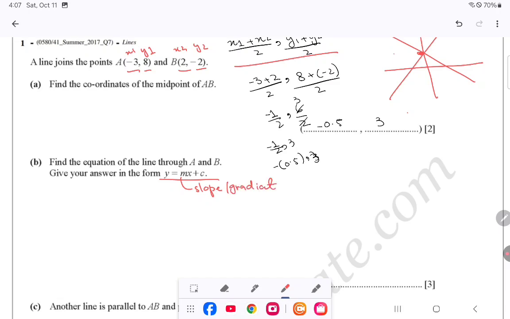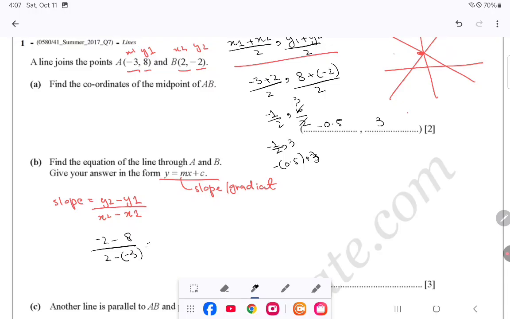So in order to calculate m, we have the formula for the slope, which is slope equals y2 minus y1 over x2 minus x1. We have the values of y2, y1, x2, x1. Just put the values. y2 is -2, y1 is 8, x2 is 2, and x1 is -3.